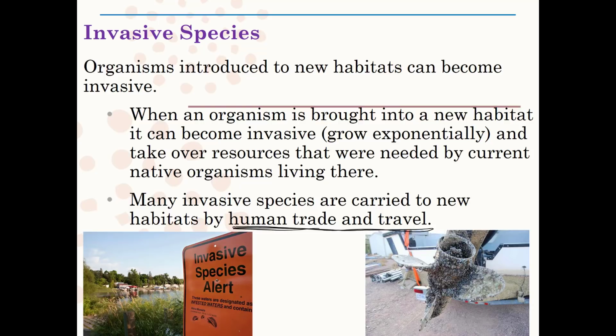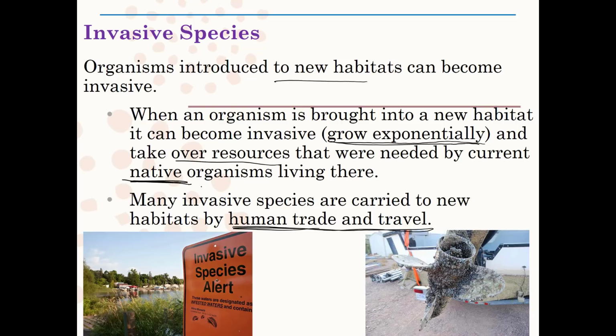So the problem is when we bring a new species into a brand new habitat, they become invasive, or they grow exponentially, because at that point they're able to take over resources and take over where maybe native older organisms were living, and they have unlimited resources at that point and can grow really fast and really aggressively and push out these native organisms.